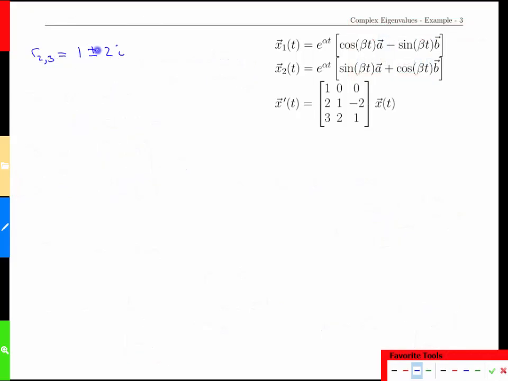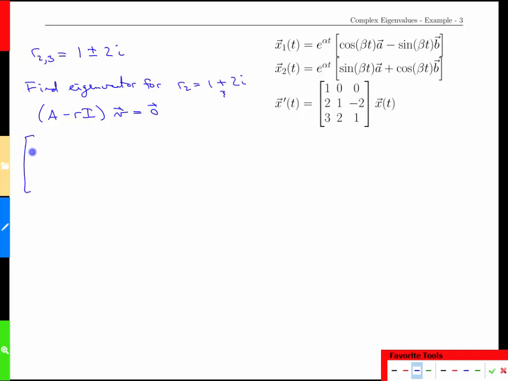With our complex conjugate pair of eigenvalues, we just need to find the eigenvector for r2, which is 1 plus 2i. And the same thing in terms of equation setup, we have r minus I times v equals the 0 vector. What does that look like in terms of our vector?